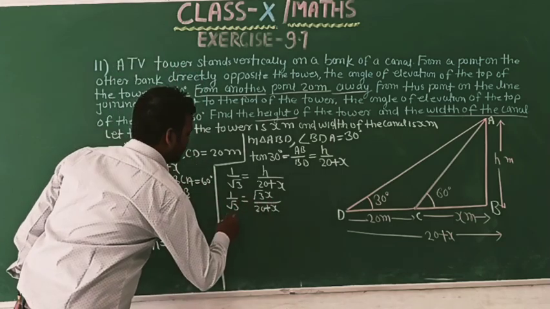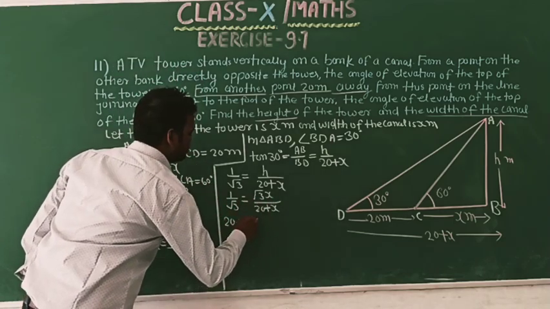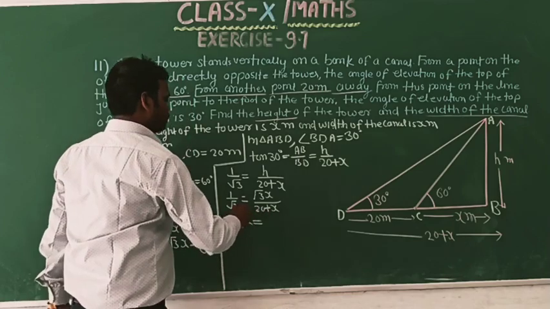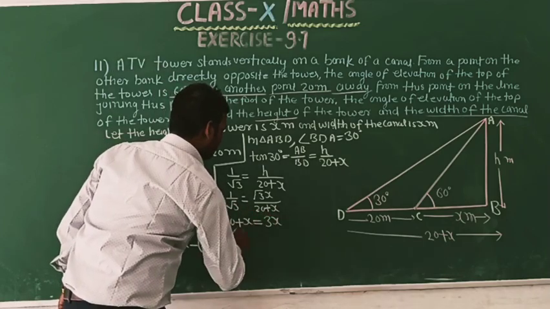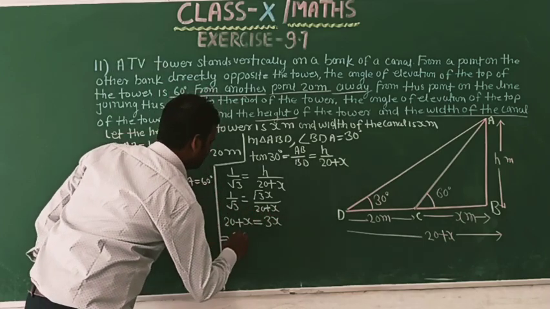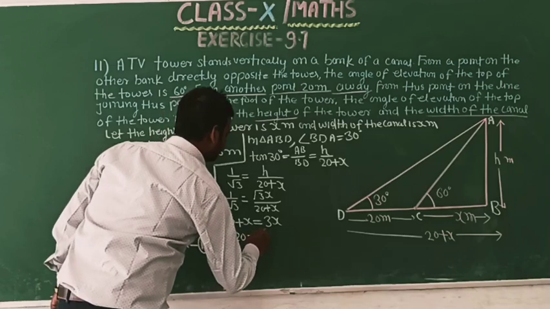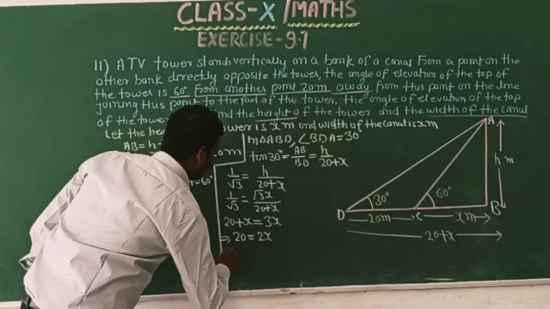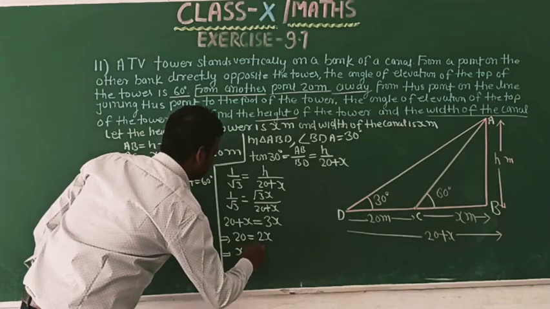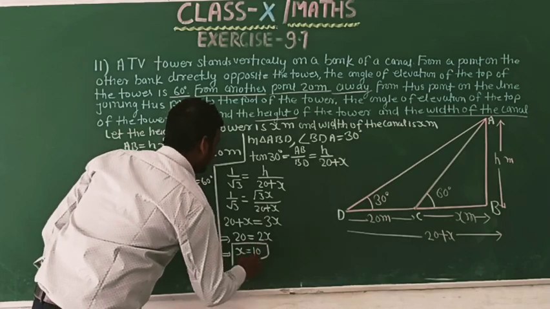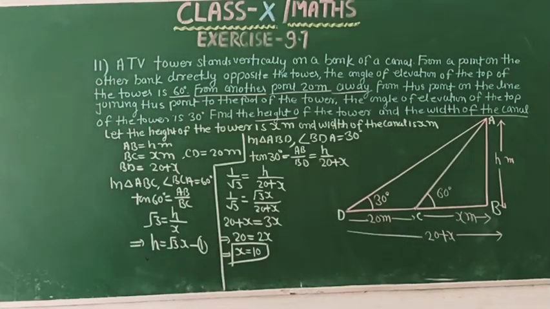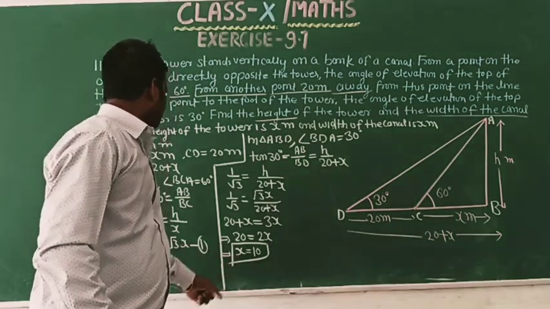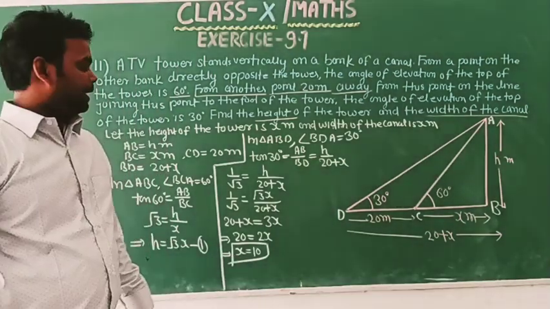Now cross multiply, so this becomes 20 plus x equal to 3x. This implies 20 equal to 2x and x equal to 10. So this is the value of x equal to 10.